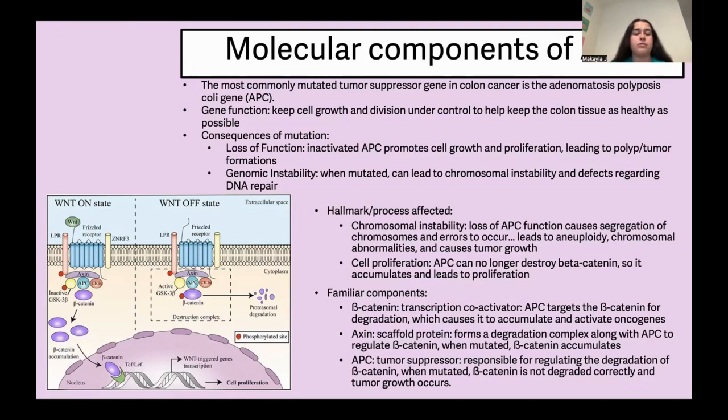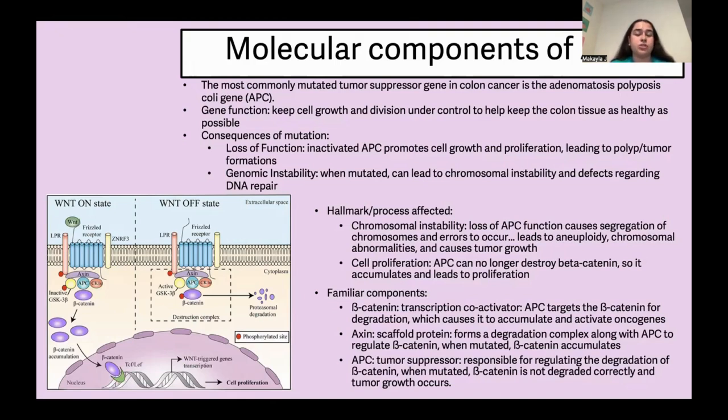Some consequences of mutation include the loss of function, genomic instability due to chromosomal instability and defects in DNA repair mechanisms, as well as impaired cell cycle and defective apoptosis, as having APC mutated helps cells to survive and grow. I'm going to be discussing the most important molecular components of this WNT beta-catenin pathway.